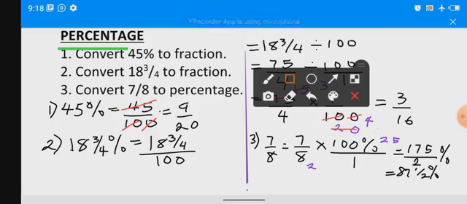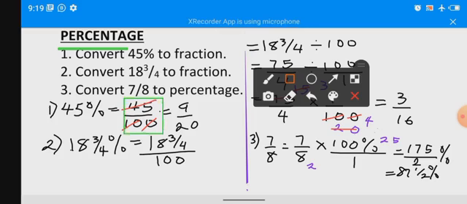Now let's look into the first question, which says convert 45% to fraction. So when we say 45%, it actually means 45 per 100.